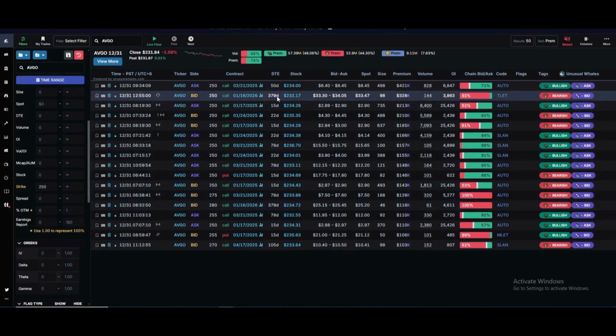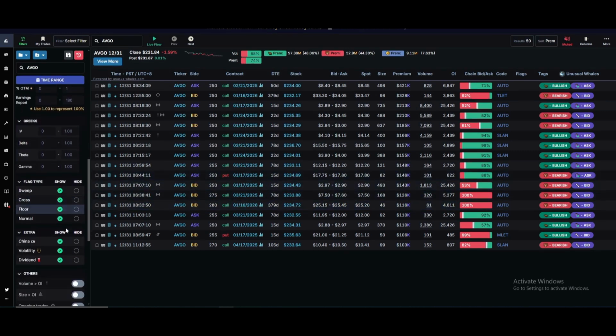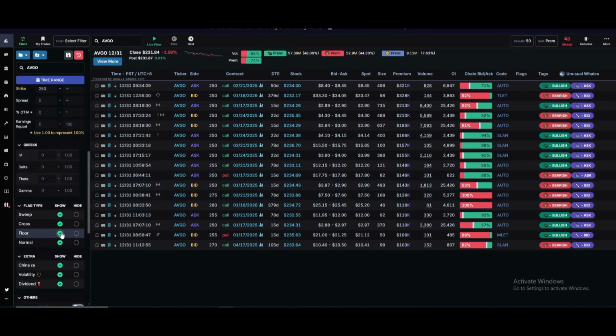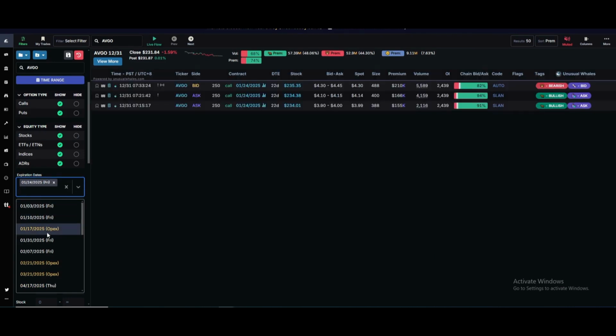So to make this even more specific, let's dial this down and try to find the specific transaction that we were looking at, which was for expiry of 124. So if we go down over here, I don't know if this screen's going to give us expiry. Yes, it does. So we're going to switch that. There's the expiry. And off the bat already, we can see that there are bids that got thrown in there.